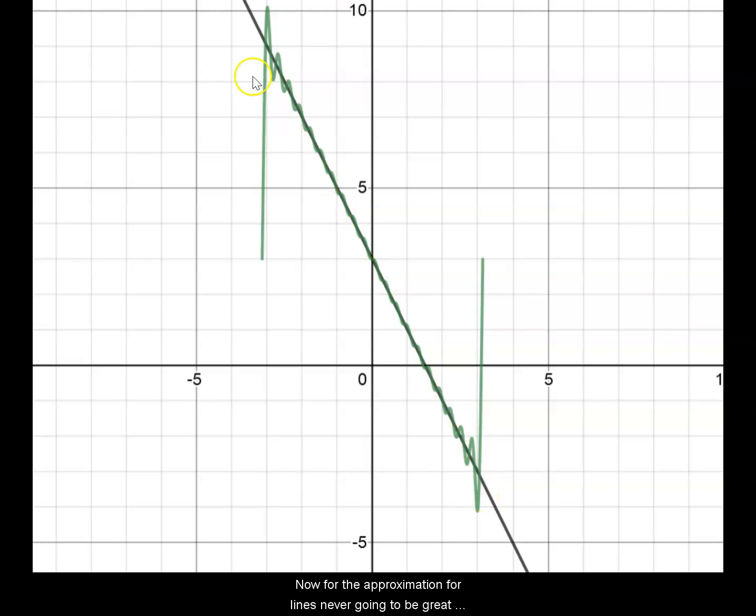Now, a Fourier approximation for a line is never going to be great because you're using an oscillating function to approximate a basically constant function in a sense, right? So if we have a function that has curves like a cubic or some effect like that, our Fourier is going to be a much better tool to approximate a higher degree polynomial or something to that effect.